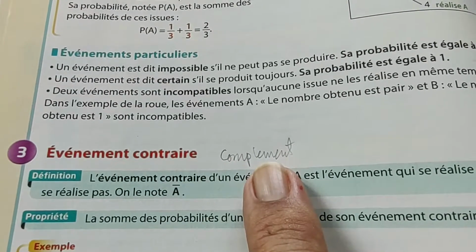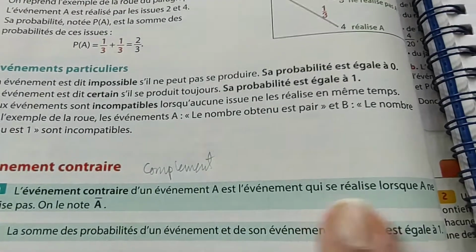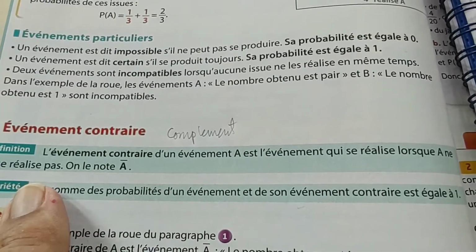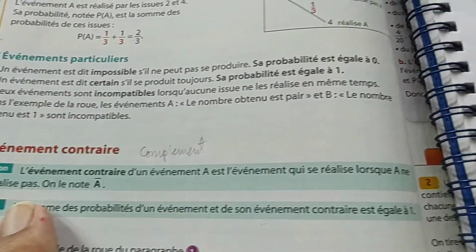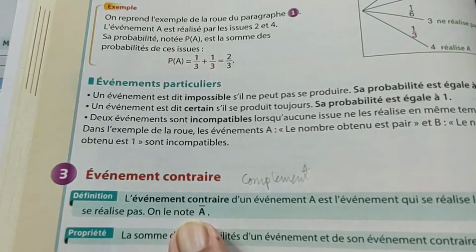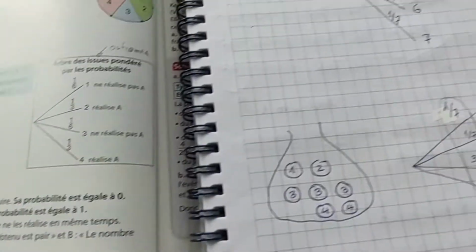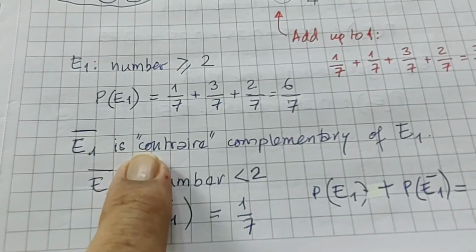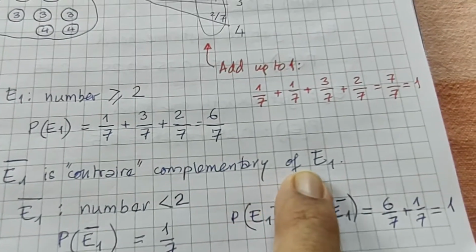I've written it in English, complement. Et l'événement qui se réalise lorsque A ne se réalise pas. That is, when it is the opposite of A. And here it says, on le note A bar. So here I have written E1 bar is contraire or complementary of E1.